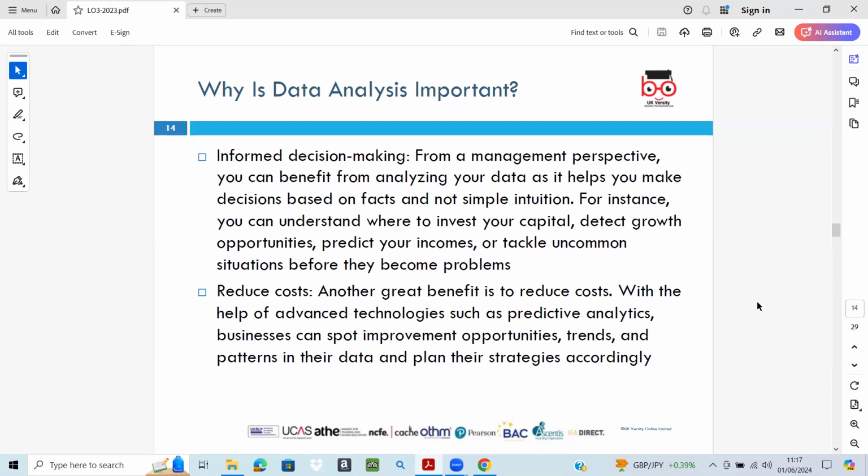For example, identifying where to invest capital, predicting revenues, detecting growth opportunities, and addressing potential issues before they escalate are key benefits of data-driven decision making. We have the benefit of cost reduction. Data analysis enables businesses to identify cost-saving opportunities and optimize operations to reduce expenses.